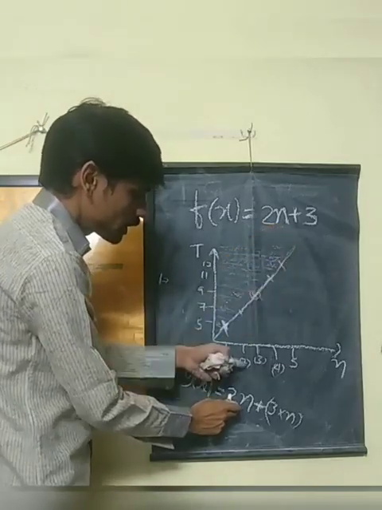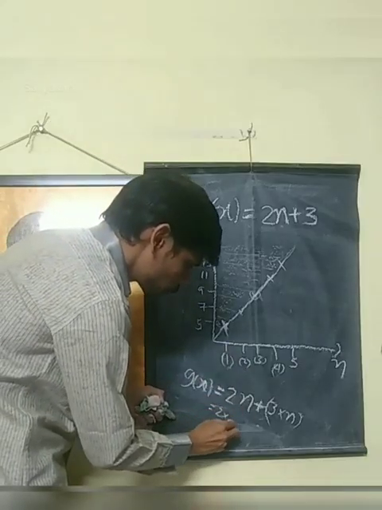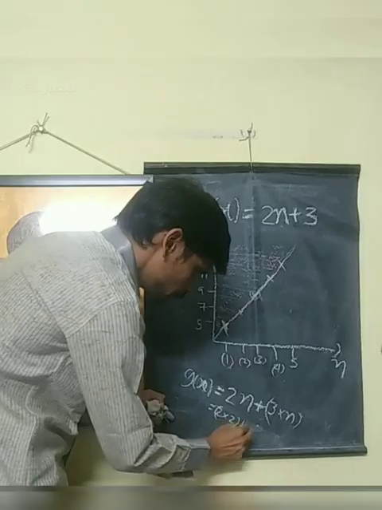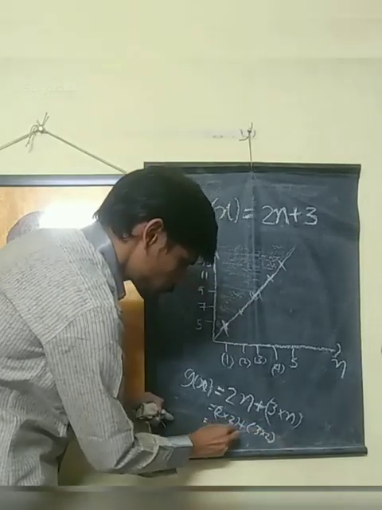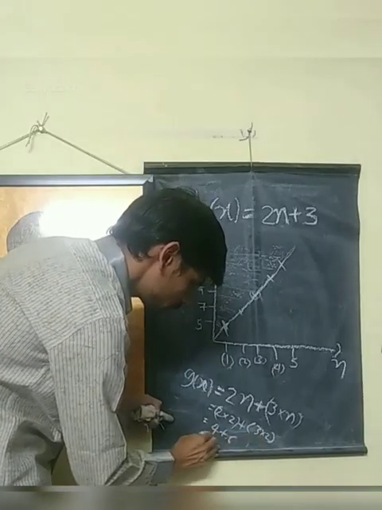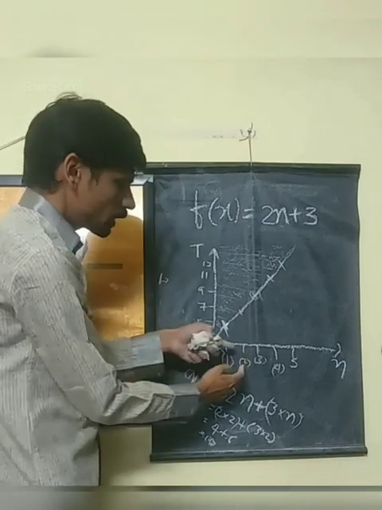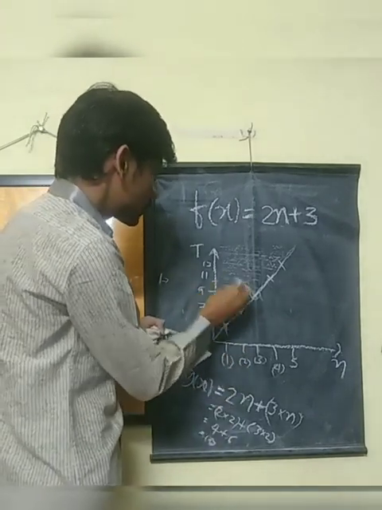Now we will pass 2 as input. So 2 multiplied by 2 plus 3 multiplied by 2. So 2 multiplied by 2 is 4, plus 3 multiplied by 2 is 6. What is my output? 10. So when I pass 2 to my g of x, I got the value 10 somewhere here.